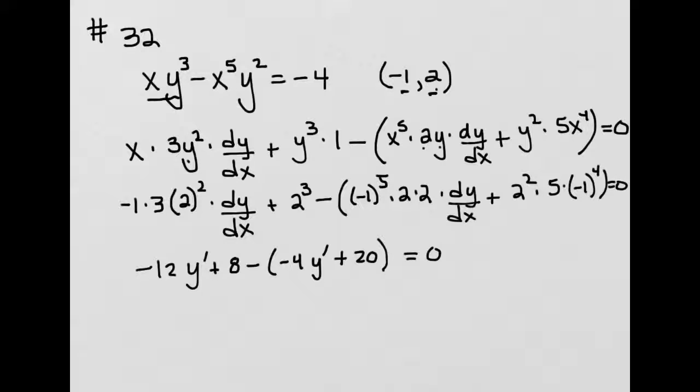So now let's distribute this negative sign, and that gives me -12y prime plus 8 plus 4y prime minus 20 equals 0.